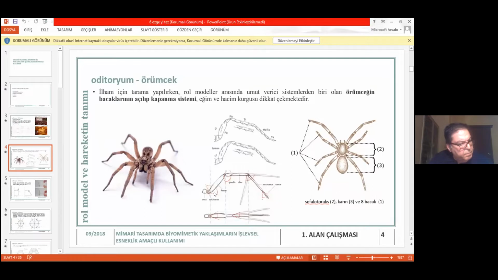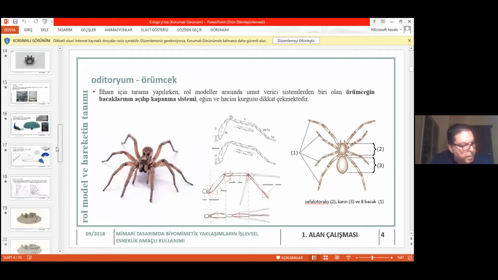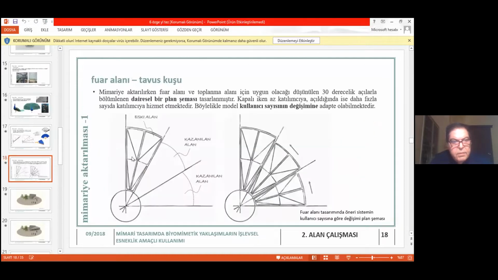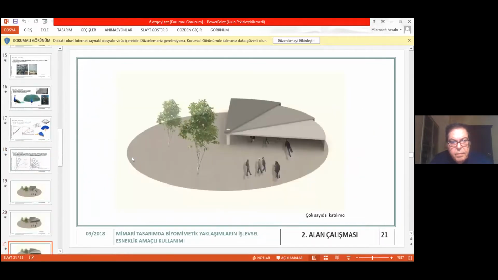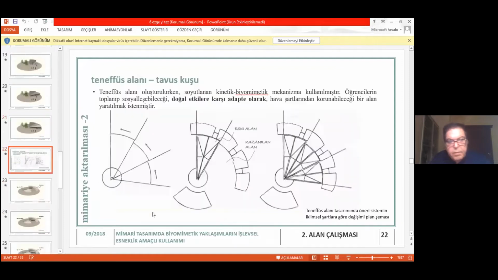The first sample is Özge's design, an elementary school, but this is a multi-use building.